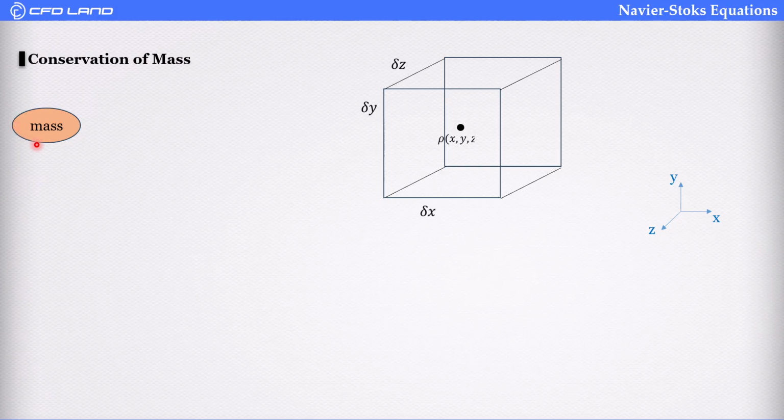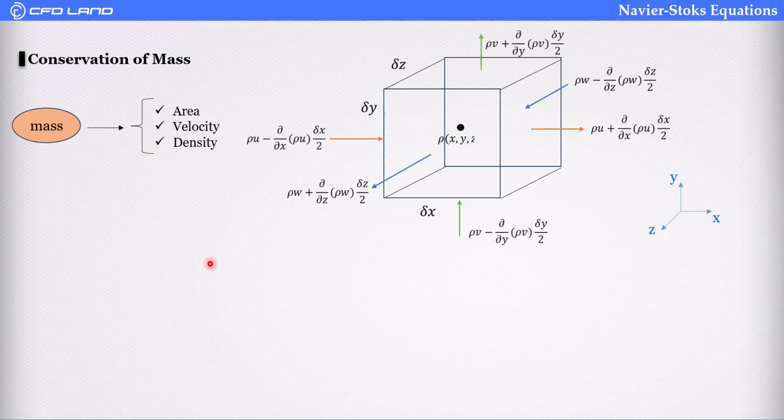For mass, we use area, velocity, and density to have it in our equations. And we use Taylor's series, just the first two terms, because the element is so small, to show the amount of mass entering or exiting our fluid element.